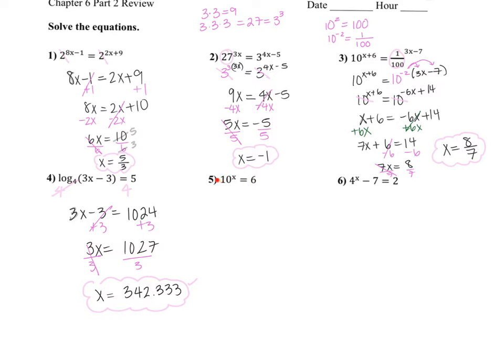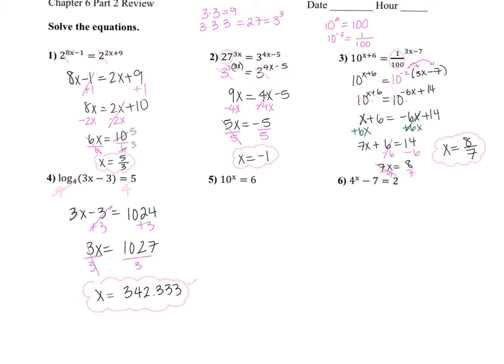And 10s are made up of 5's and 2's, but neither of those, if you wrote it as a base in exponent form, could give you a 10. So when you can't figure out what number to make the bases the same, then you start to use logs.